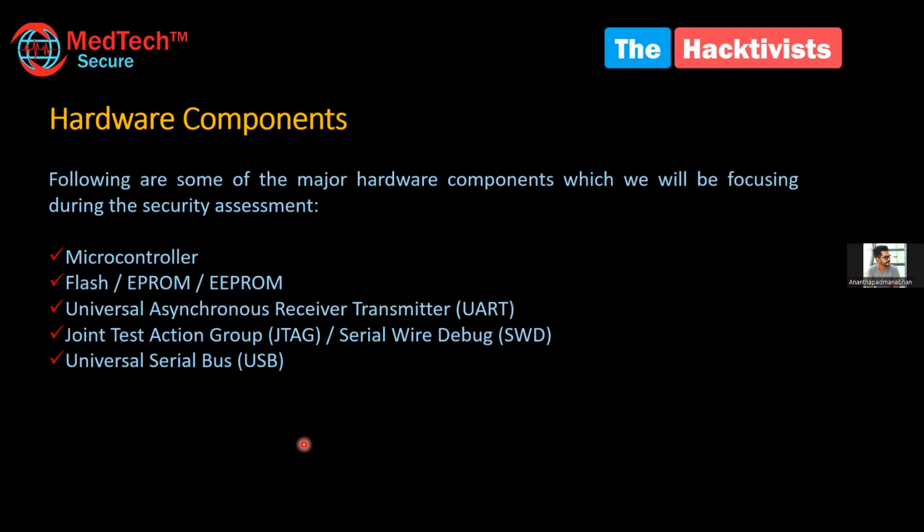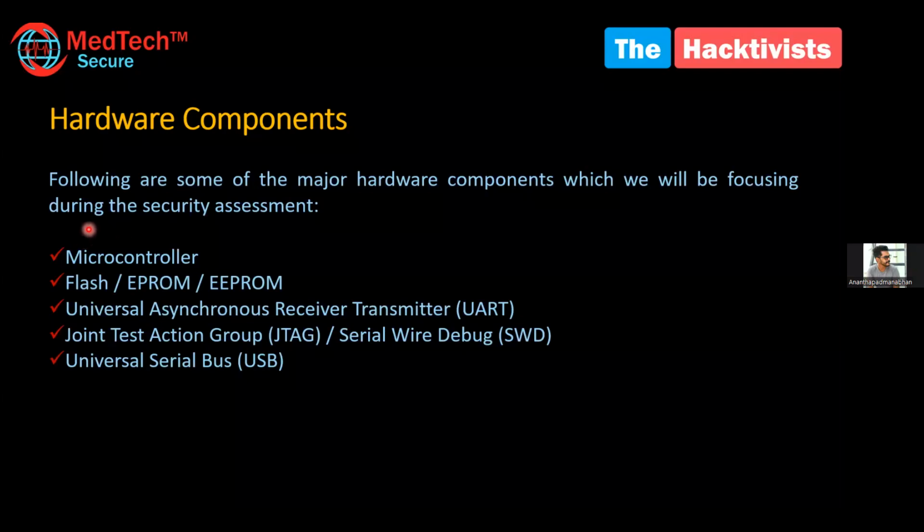Among that, here I have listed around 5 components, which include some protocols as well. These are some of the major components which we should be aware of from a beginner's perspective. Without an understanding of this, we can't perform proper hardware pen testing on any hardware or IoT devices.